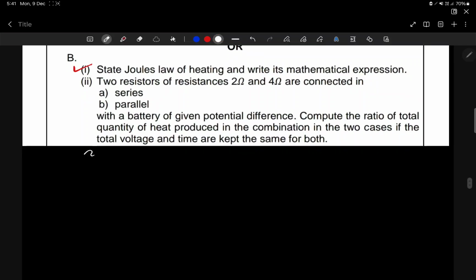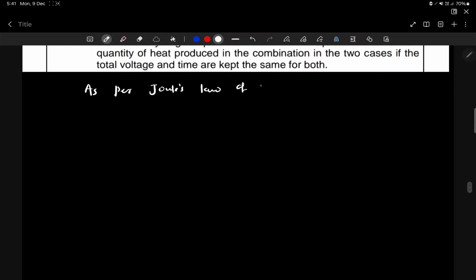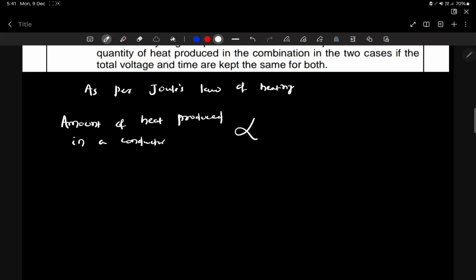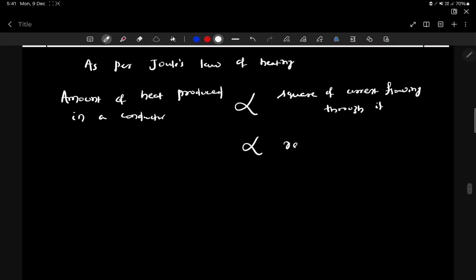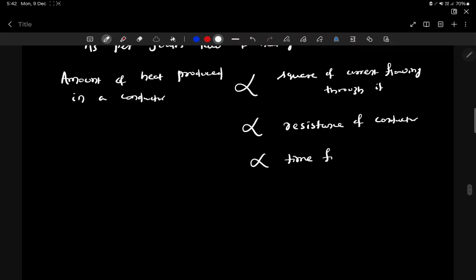Okay. So as per Joule's law of heating, the amount of heat produced in a conductor is directly proportional to the square of the current flowing through it, is directly proportional to the resistance of the conductor, and is also directly proportional to the time for which current flows through the conductor.